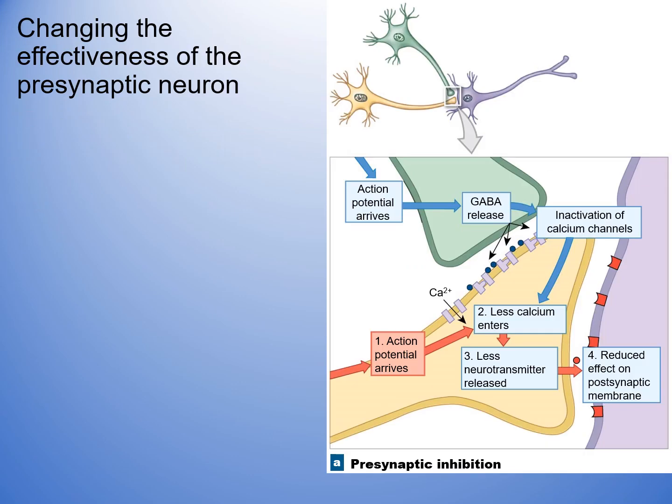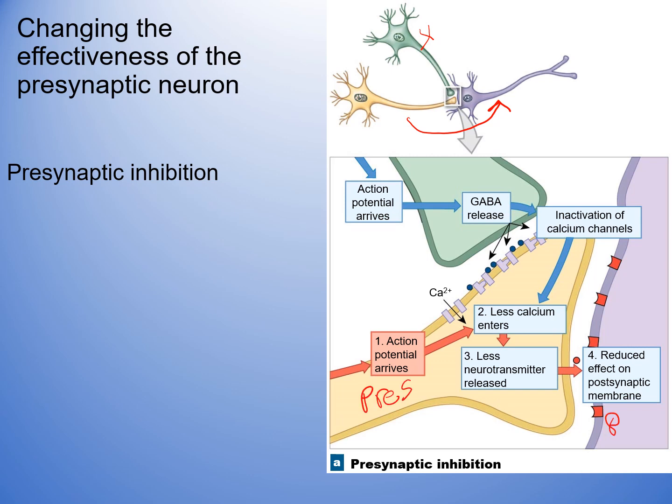This diagram in your book can be a little bit complicated, but what we're talking about here is the yellow neuron trying to hook up with the purple neuron, and the green neuron gets in the way. And this is what is called presynaptic inhibition. If we look at this more intense diagram on the bottom, the yellow is our presynaptic neuron.